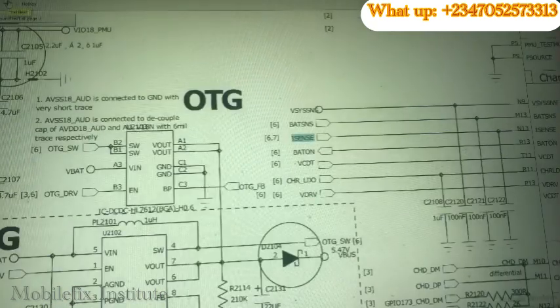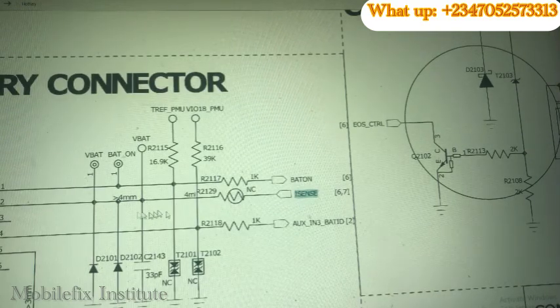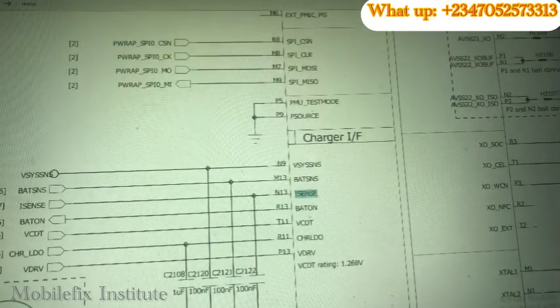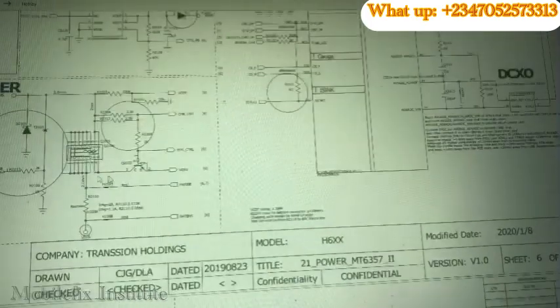That ISense, you check it, it should have connection. If this ISense is open, it's going to cause a fault. This ISense also comes out of this battery connector. So let's go back to the other IC.